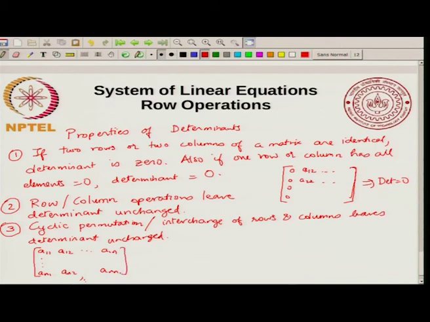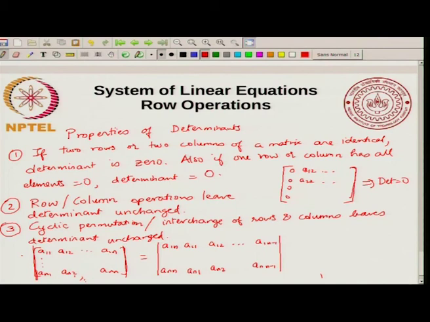Now, if I take the determinant of this matrix and I imagine doing a cyclic permutation, this determinant is the same as, now I shift AN1 here, A1n, ANN and then I have A11, A12 up to A1 n minus 1 and all the way up to AN1, AN2 up to AN n minus 1. Okay. So, what I did was I just took this last column and I moved it all the way to the first and I shifted all the columns to the right. Then the determinant is unchanged.